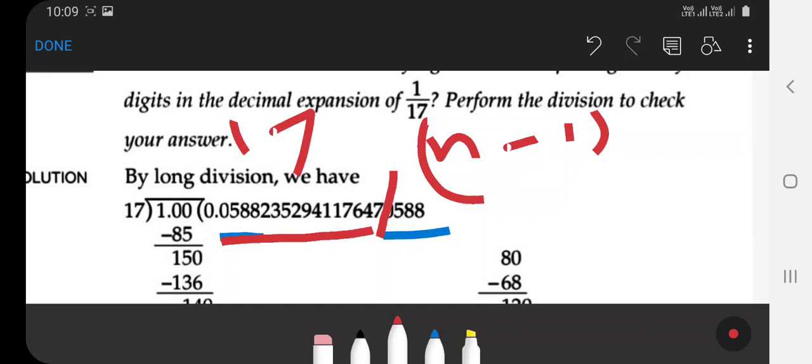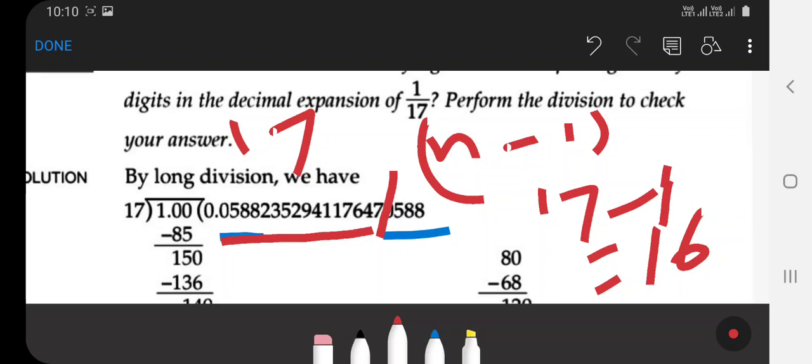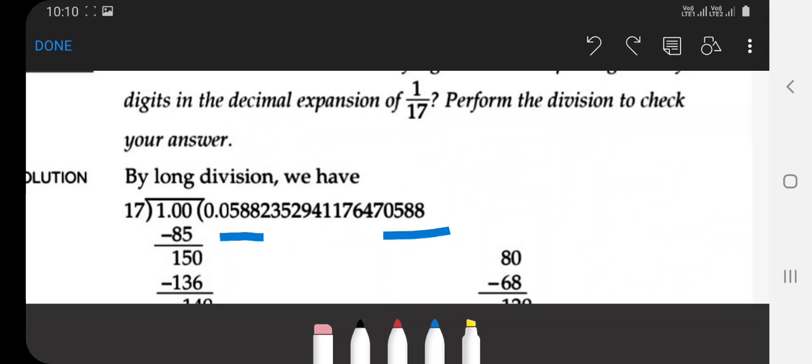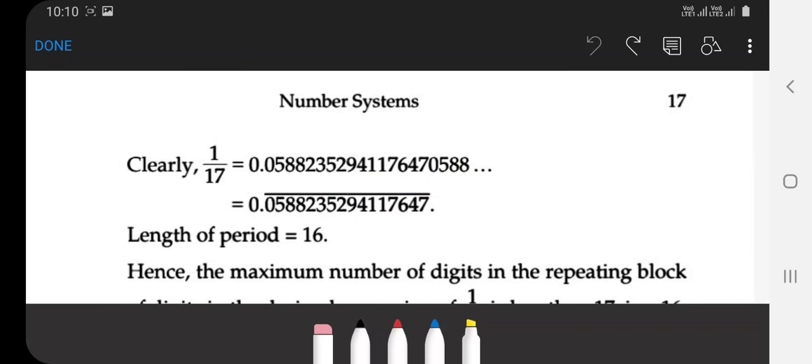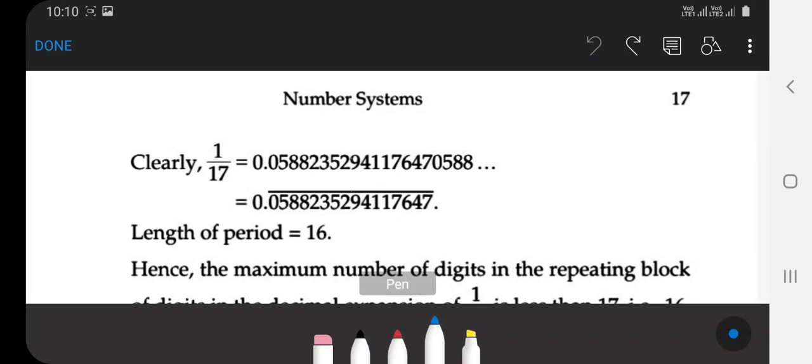Here n is 17, so the maximum is 17 minus 1, that is equal to 16. So in this question, by the actual division we find the length of the period is 16. Clear, students?